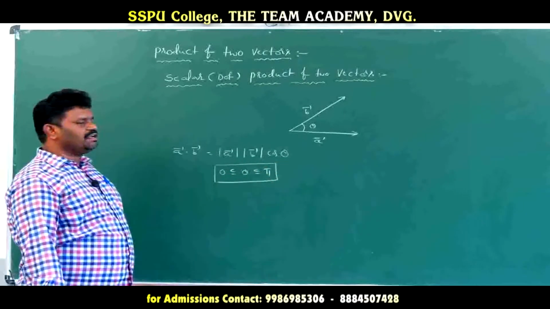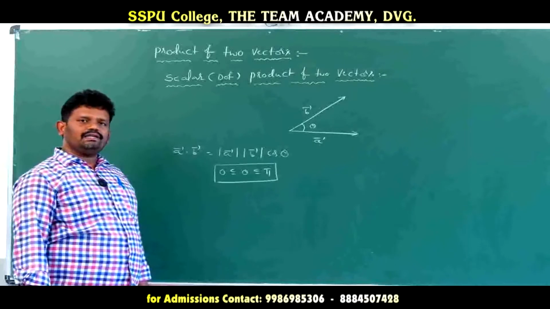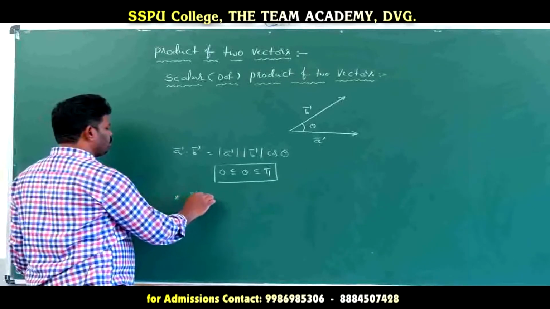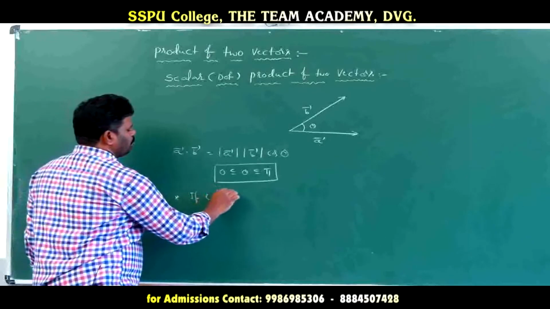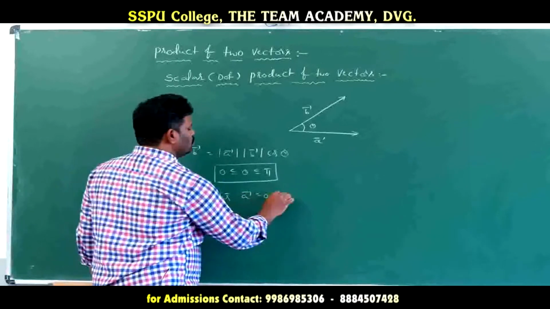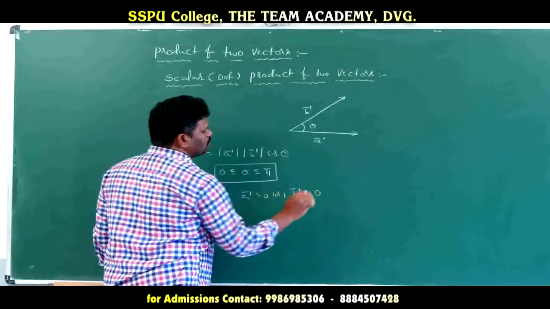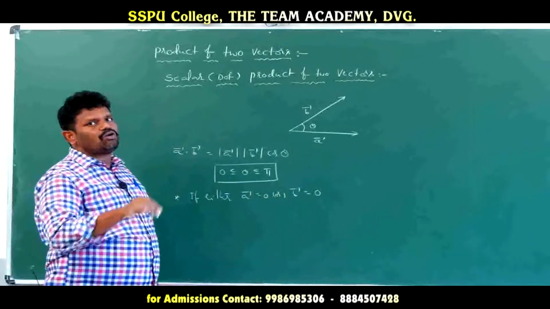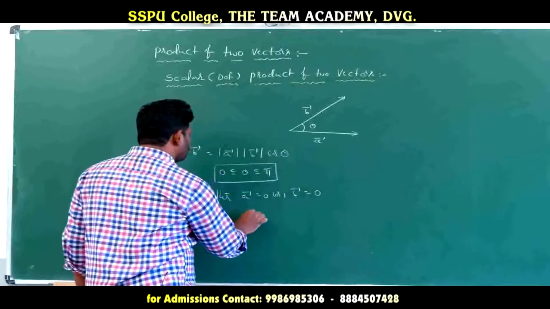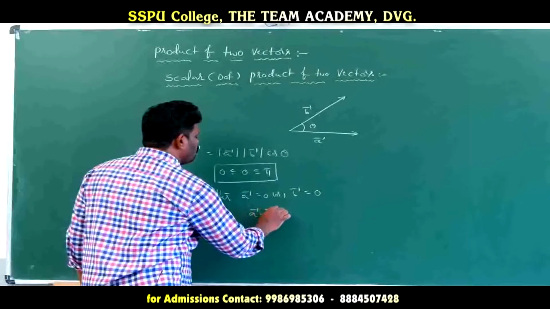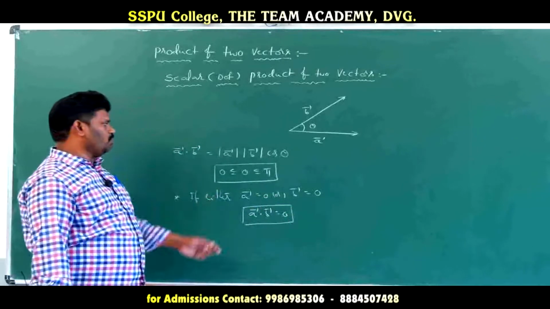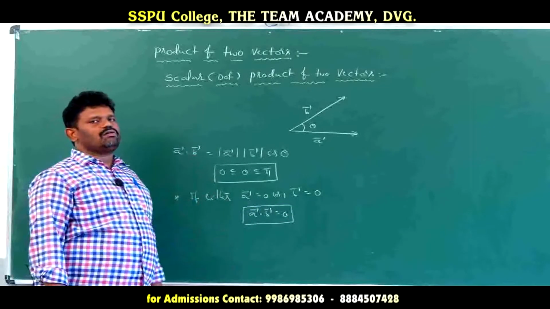Another condition: if either A bar is equal to 0 or B bar is equal to 0, then theta is not defined. In this case, A bar dot B bar is equal to 0. So this is the definition of scalar or dot product.